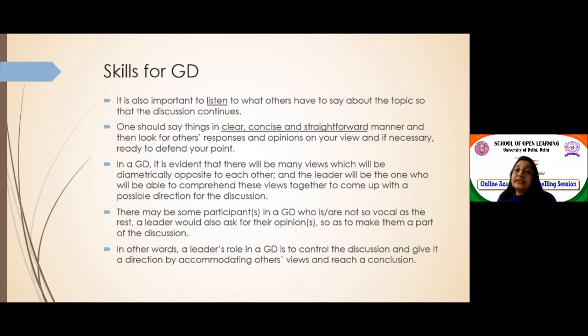In other words, a leader's role in a GD is to control the discussion and give it a direction by accommodating other views and reach a conclusion.